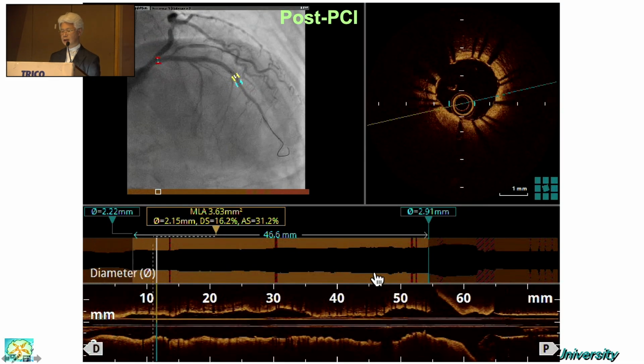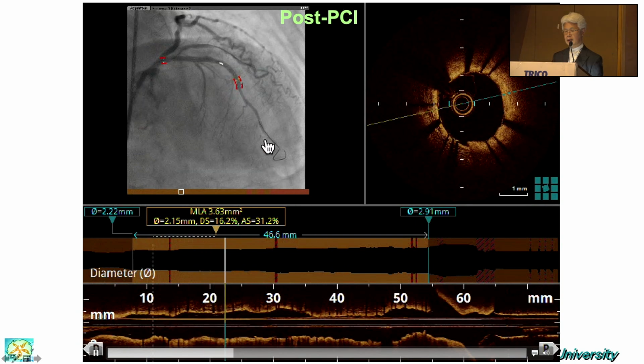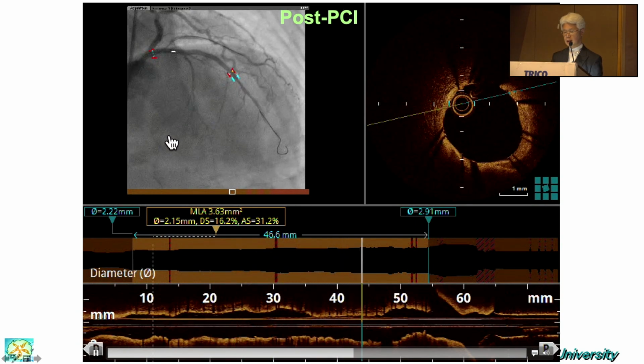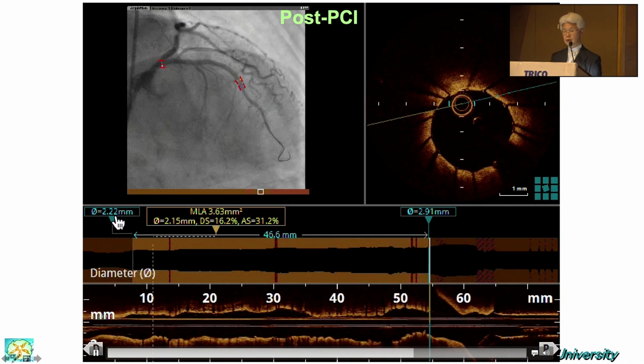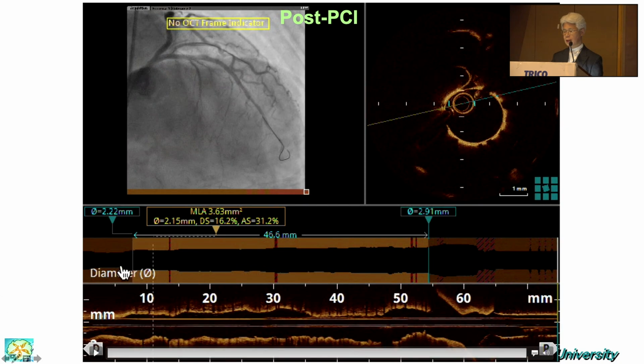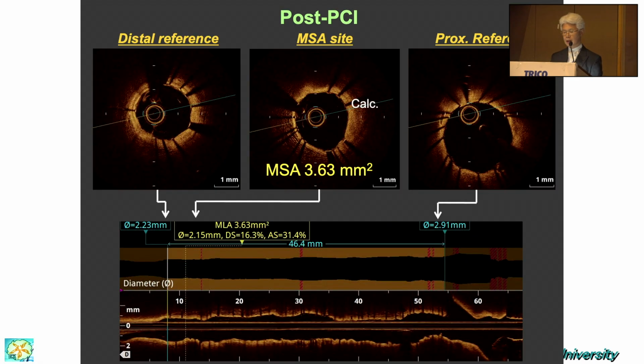And this is the result after putting in a stent. Here is the distal stent edge, and here the proximal edge. The distal portion is 2.5 in diameter, and proximal is 2.9 in diameter, and the length is nearly 46 or 47.